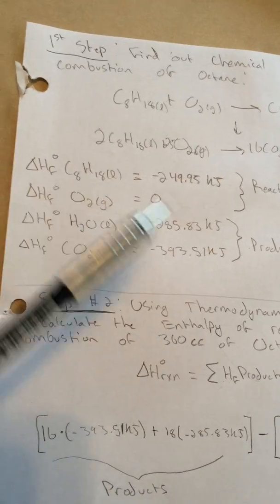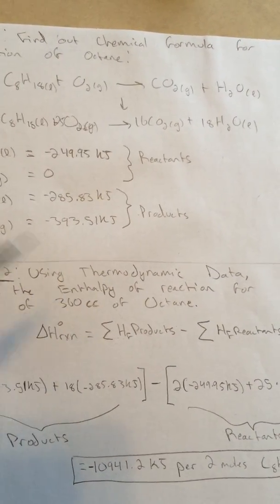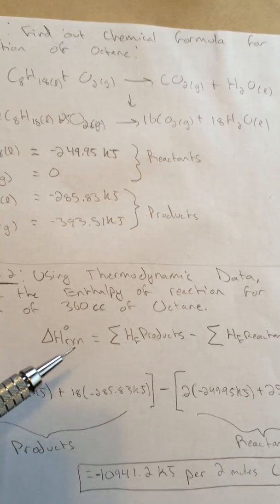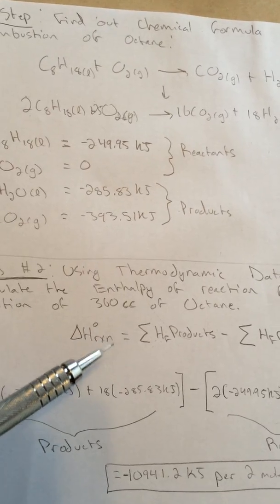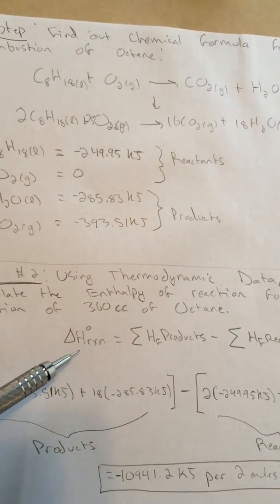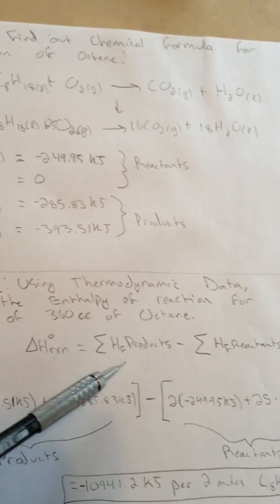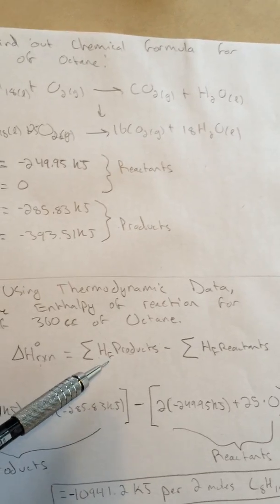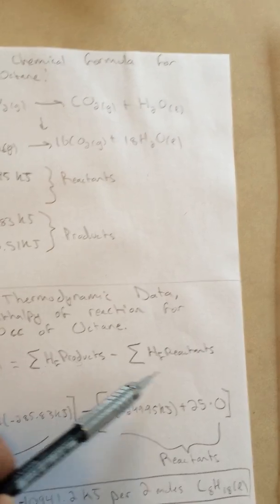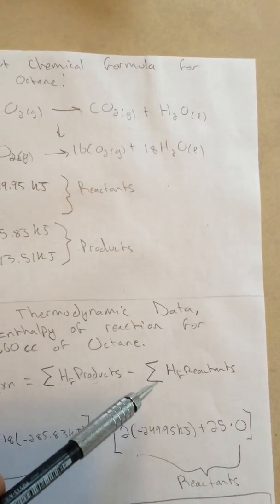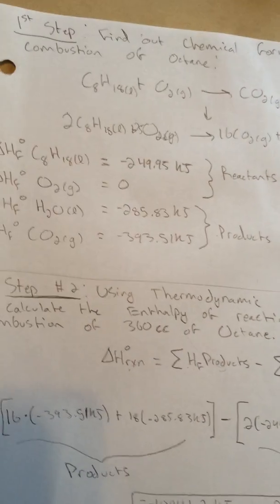The equation for calculating the enthalpy of a reaction, or how much heat is given off by the reaction or added to the system, looks like this: the enthalpy of the reaction is equal to the sum of the enthalpies of formation for the products minus the sum of the enthalpies of formation for the reactants. That's the sigma notation here, which means the sum of.